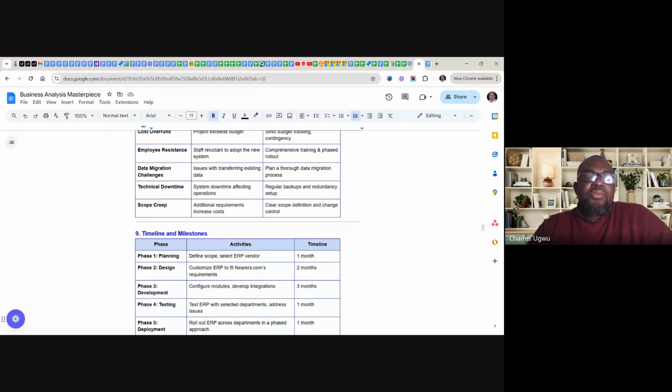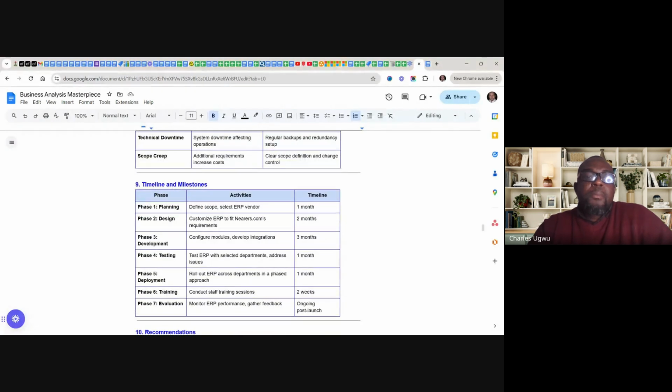Then we have timeline and milestones. Under timeline and milestones, you have phases. Phase 1 is planning: define scope and select ERP vendor within 1 month.